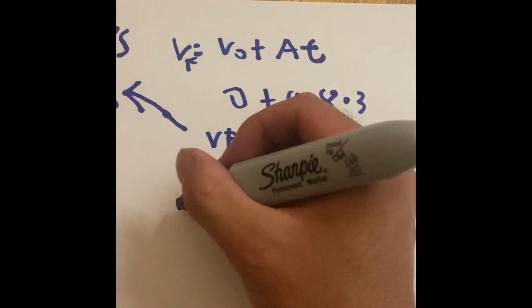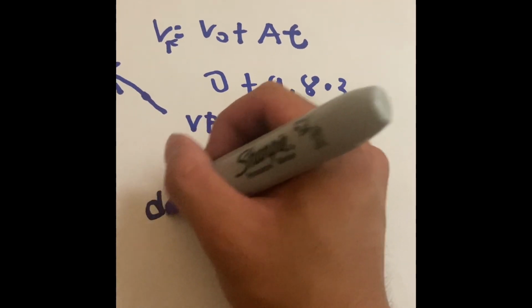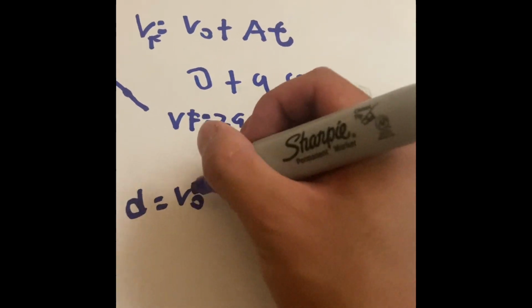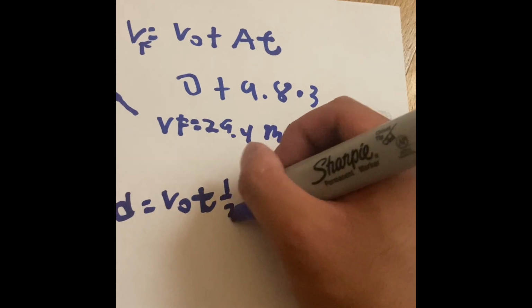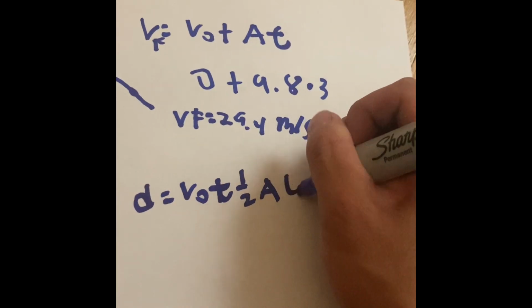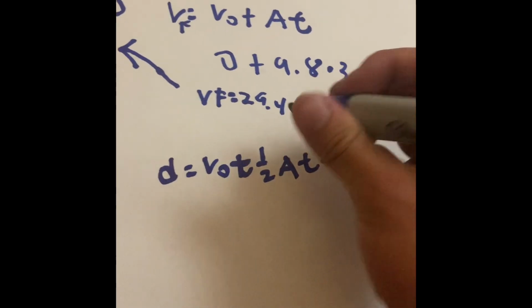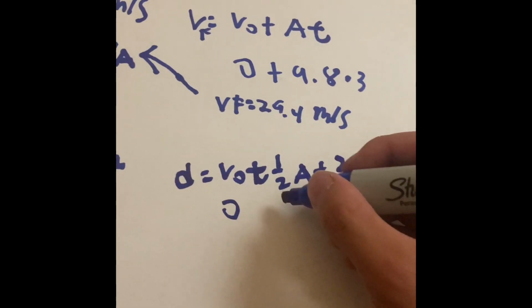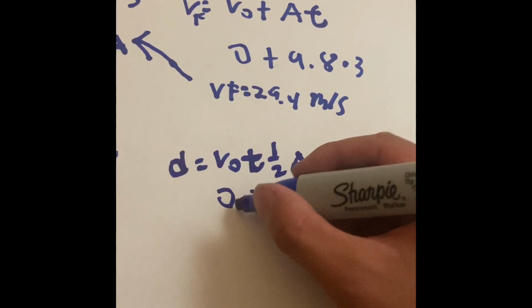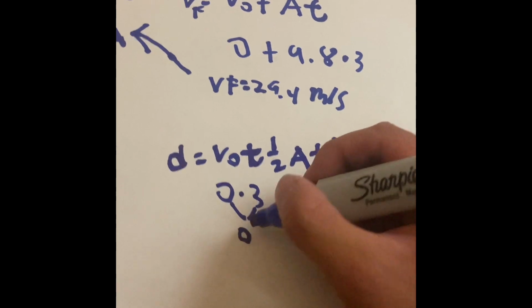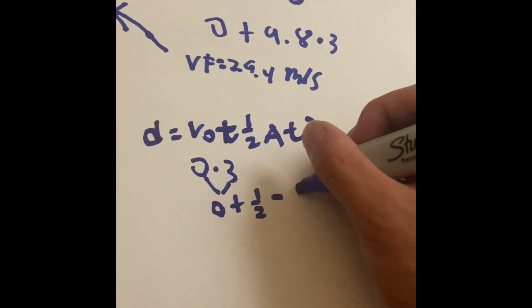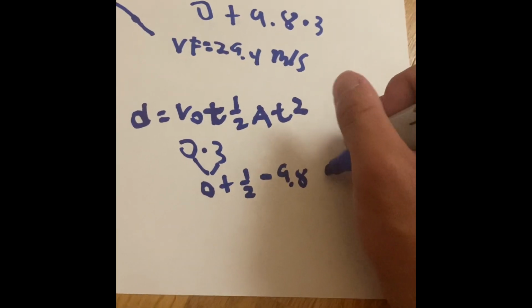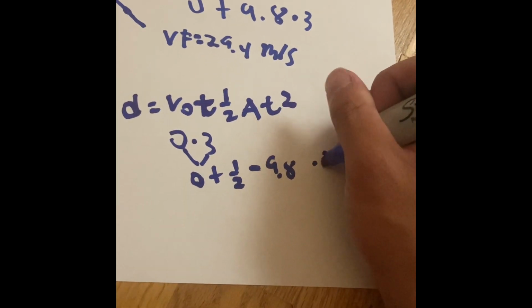So if we do the math over here, our D is going to equal initial times your time, then 1/2 of A, then times time squared. So we have 0 and we have 3 seconds. Multiply them and they become 0. 0 plus 1/2 of negative 9.8, because that's your falling speed, multiplied by 3 squared.